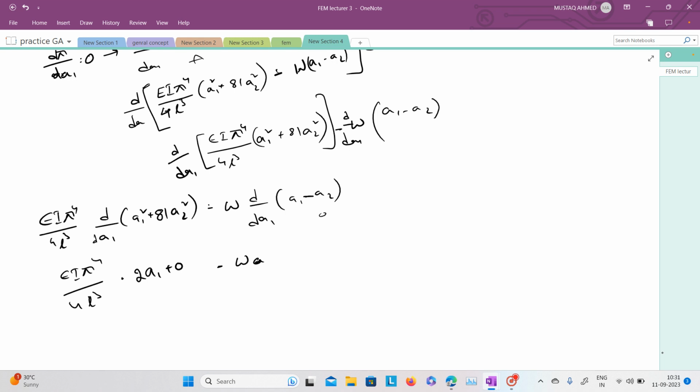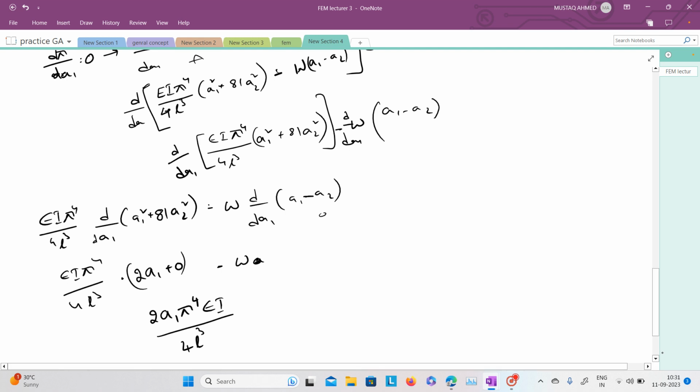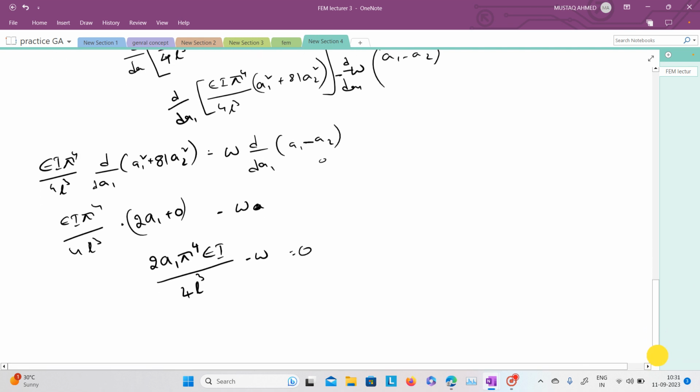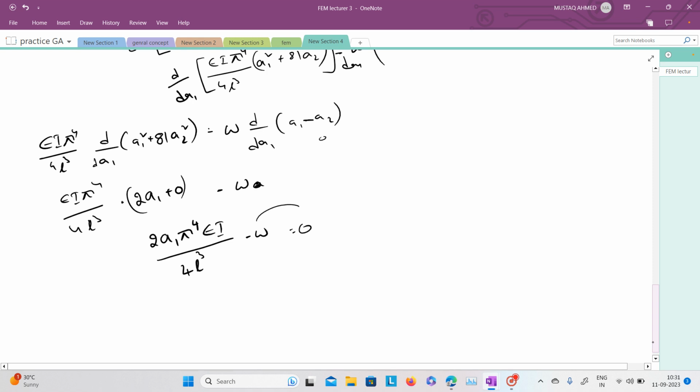A2 will become 0. dA1 by dA1 will be 1, minus W. This will be 2A1 pi power 4 EI divided by 4L cube minus W equals 0. Now we need to find A1. A1 equals W into 4L cube divided by 2 pi power 4 EI.